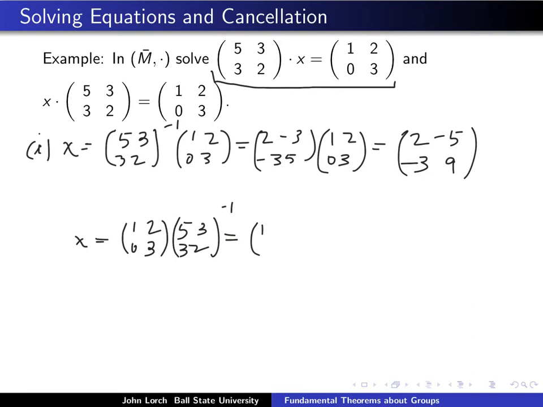But that's just 1, 2, 0, 3 times the matrix 2, minus 3, minus 3, 5. And now let's see what we wind up with as a result. So I get 1 times 2, which is 2, minus 6, which should be minus 4. And already we can see that the answer is going to be different than the answer for the first equation. So we'll call this equation 2.